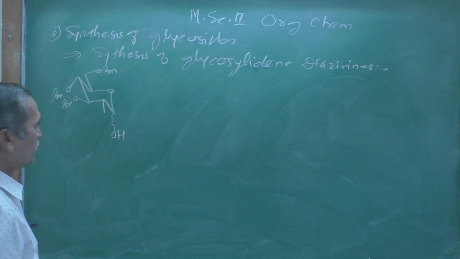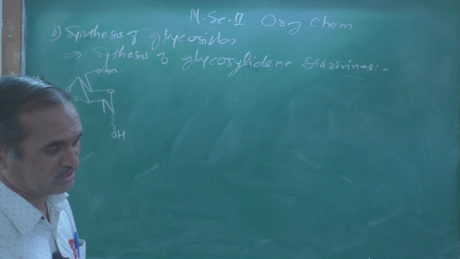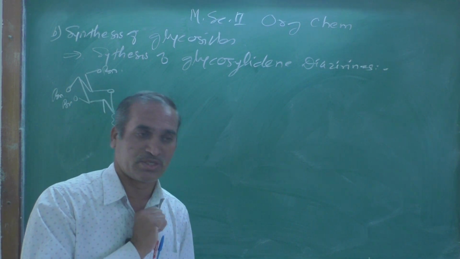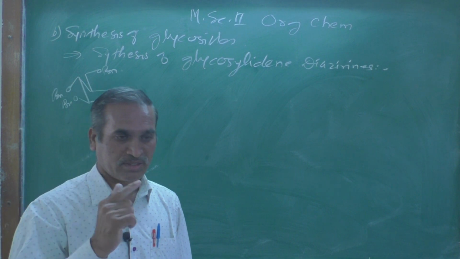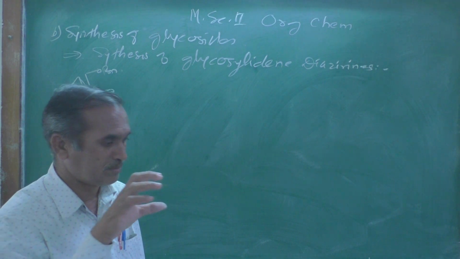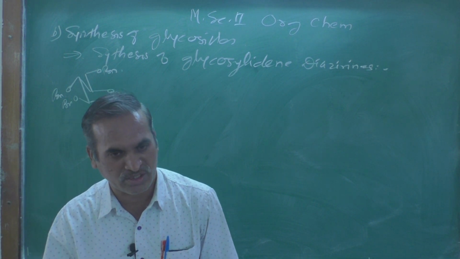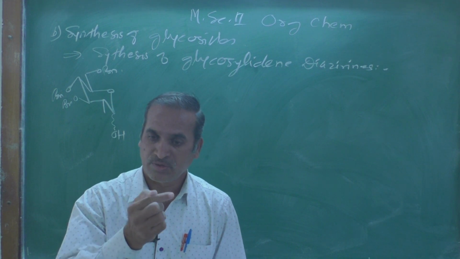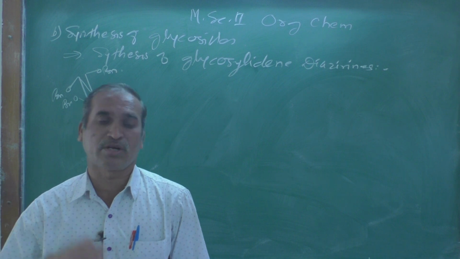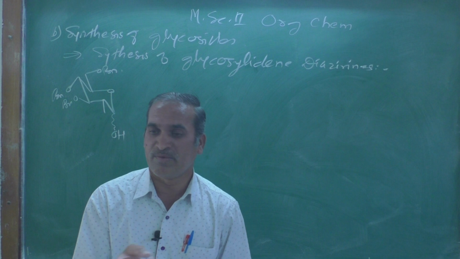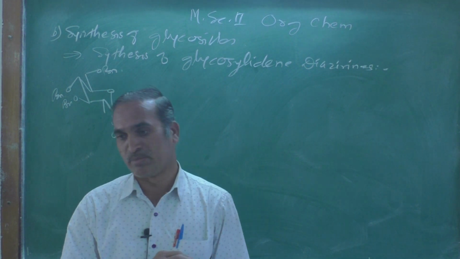Here if you write OBn, again the hydroxyl group protected with benzyl, that becomes structure number 1. Structure 1 is treated with reagent 1 to get structure 2, and then structure 3. Structure 3 treated with reagent 2 is converted into structure 4, and structure 4 treated with reagent 3 gives structure 5. Structure 5 treated with reagent 4 gives structure 6, and structure 6 is treated with reagent 5.